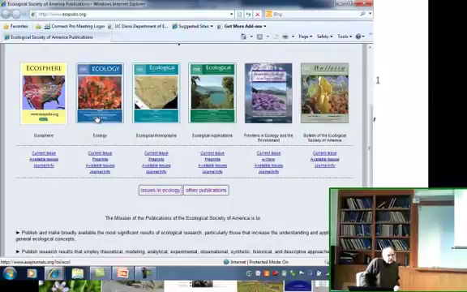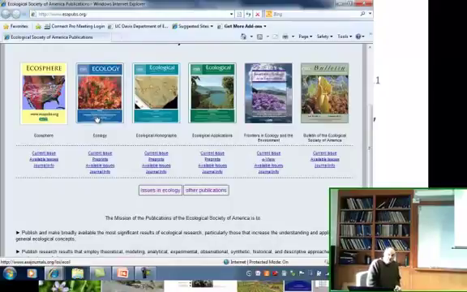And so the tension, and I understand there are other societies like this, like the Soil Science Society, is facing very similar issues. The Genetic Society is facing very similar issues. The tension is, how do societies that don't have the resources of commercial publishers move into the digital age?